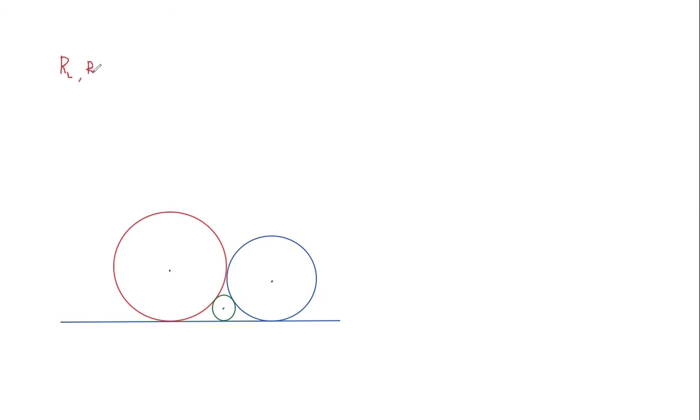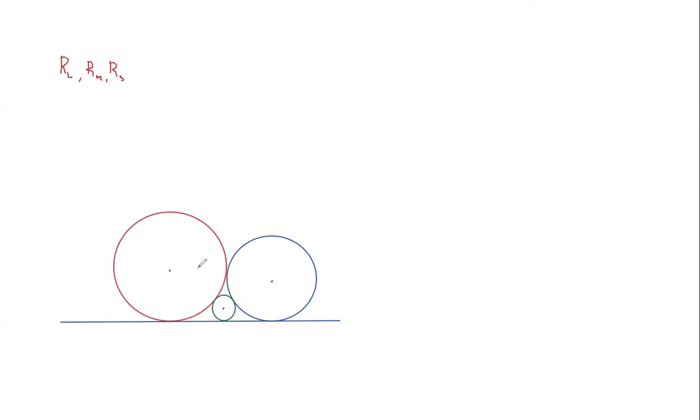RM is the radius of the medium-sized circle. And RS is the radius of the smallest circle. That's pretty easy. And what we're going to do is construct three equations based on this information and see what we can do with that.